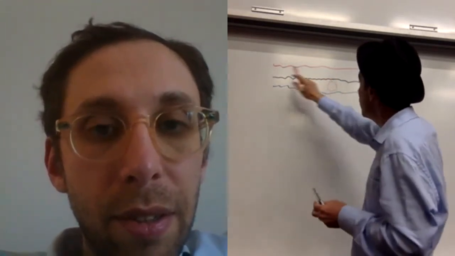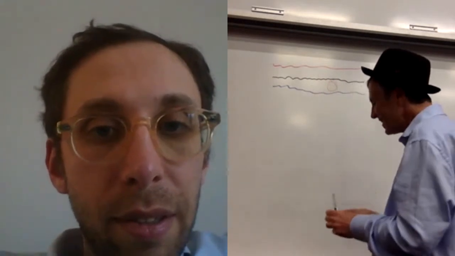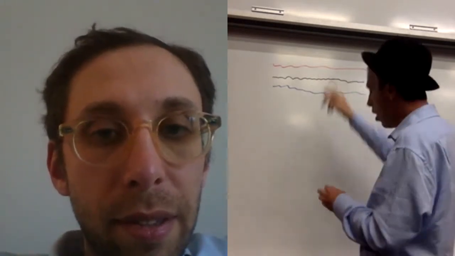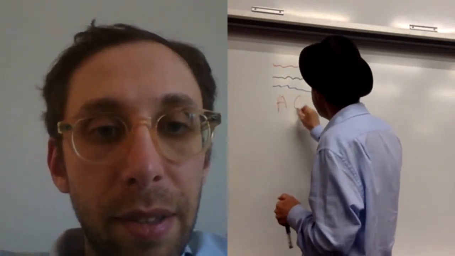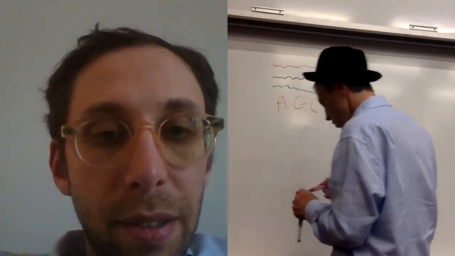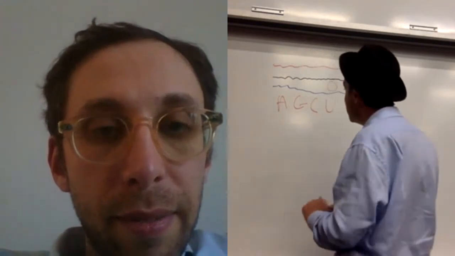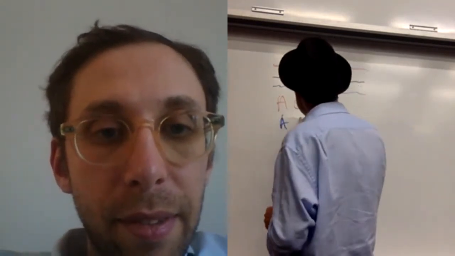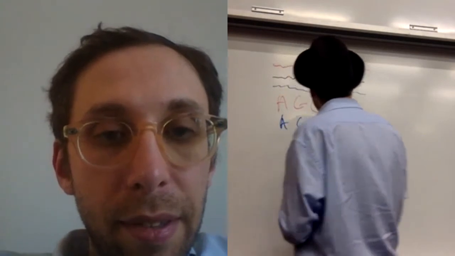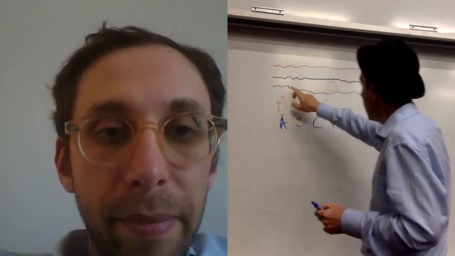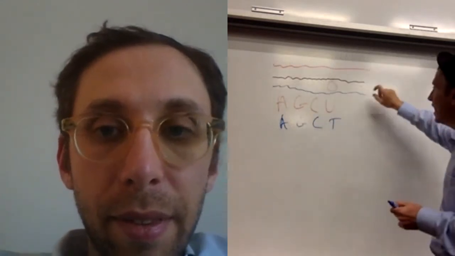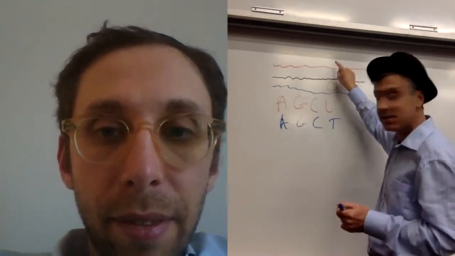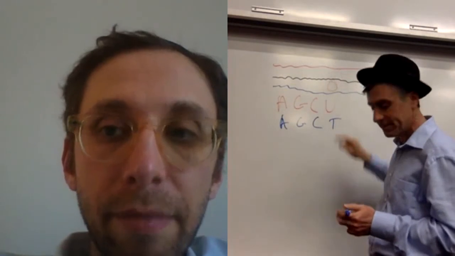So this has the same sequence as this, with the one little exception that in RNA we have A, G, C, and U, whereas in DNA we have A, G, C, and T. So the sequence of nucleotides in this would be exactly the same as this, except the U's in this will now become T's in this.